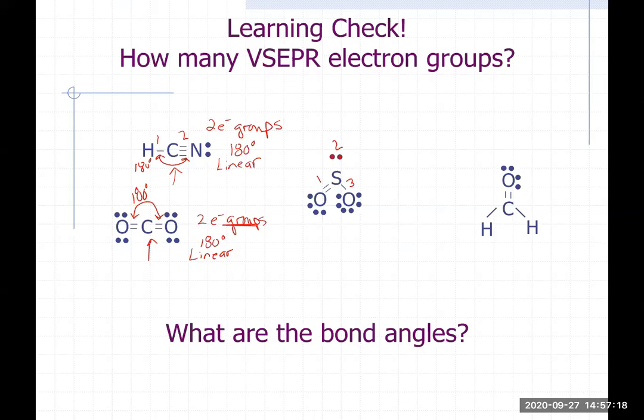So that is 3 electron groups. That is a 120 degree bond angle, and that is trigonal planar geometry. The bond angle here is 120 degrees.